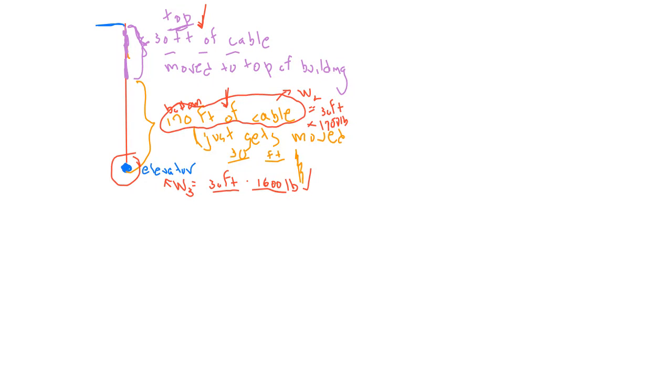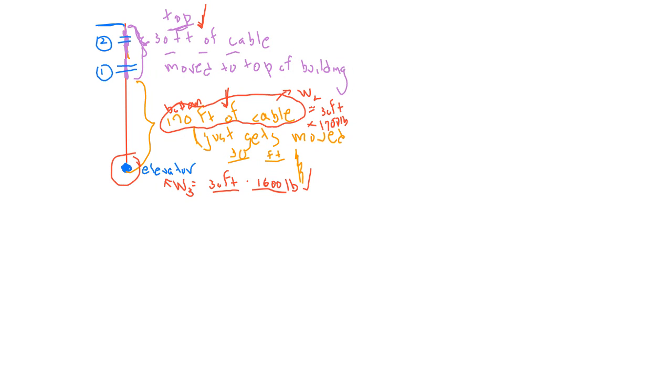All right, so here's the thing. The top 30 feet of cable is the part where we need the calculus. Because let's look at two pieces of cable here. Okay, here's this piece of cable, cable piece 1, and here's cable piece 2.